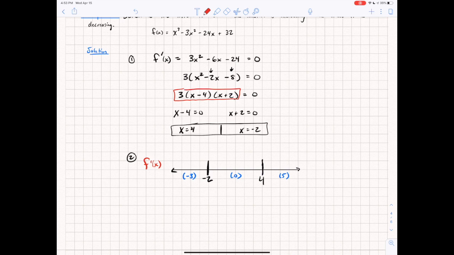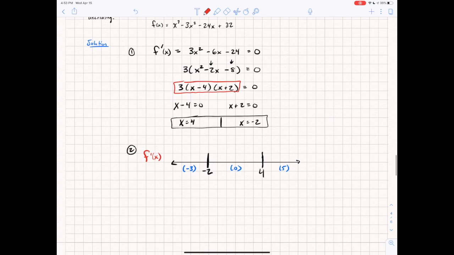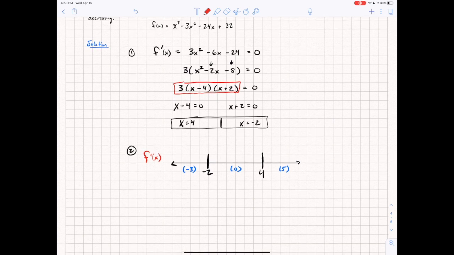The reason I'm going to do that is an algebra trick here, otherwise you could use a calculator and just plug and chug. But remember that I don't care about what the derivative value is, I just care about the sign of that value. So for example, if the derivative is 3 times x minus 4 times x plus 2, and I plug negative 3 in, this would give me 3 out front, which is positive.